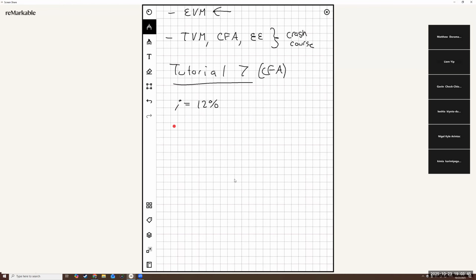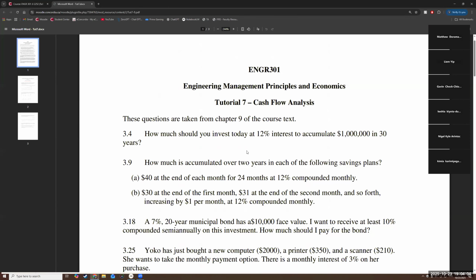So $1 million is a future value, which we write as F, future value, $1 million. And it's 30 years into the future. This question doesn't provide any outward information about how the interest is compounded, so we will assume that it's yearly. So we have 12% yearly interest compounded yearly for 30 years.